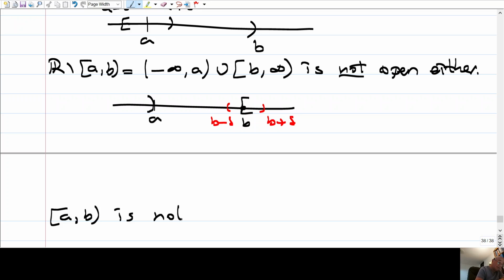Sorry, AB is not closed. Okay, so this interval is neither open nor closed.